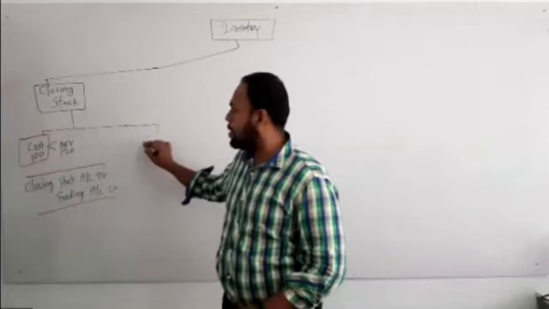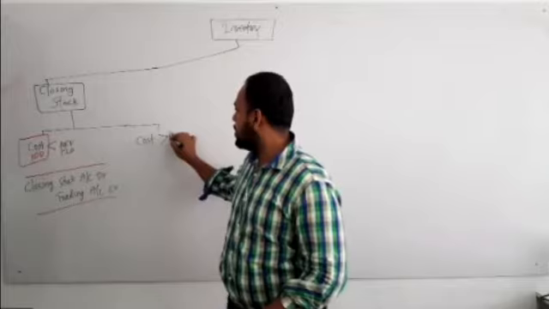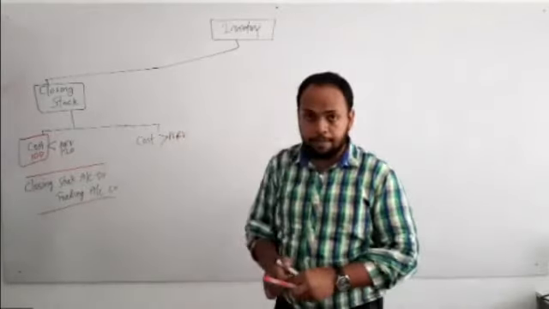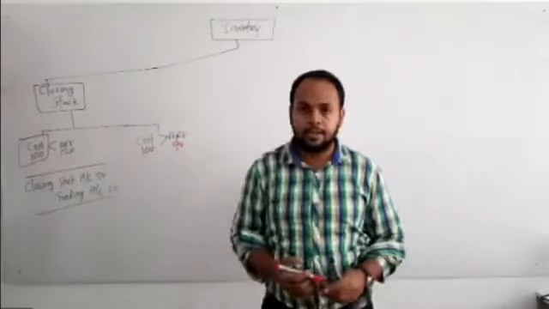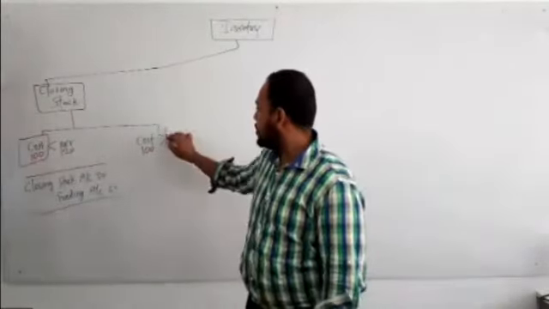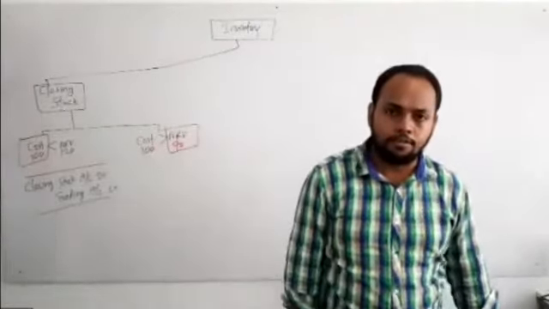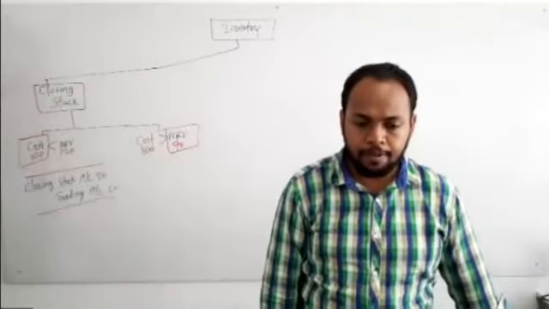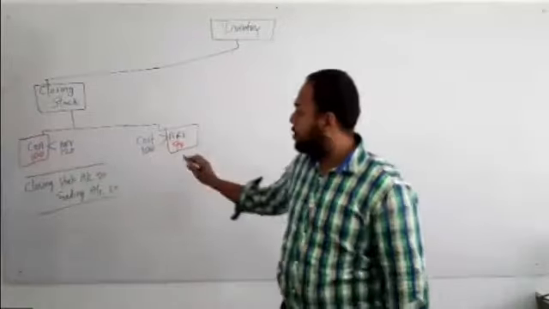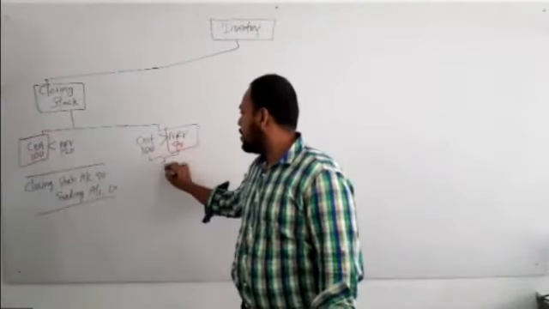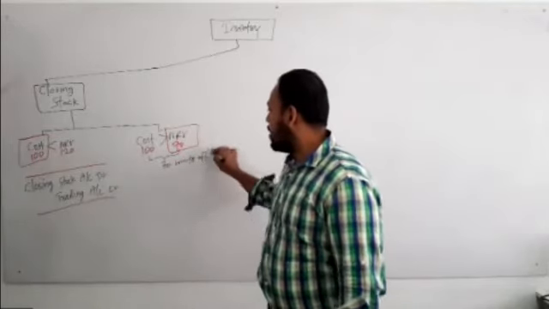Then the second situation is cost is greater than NRV. Cost is 100, NRV is 70. So at this situation, we have to take NRV as the value of the stock, value of the inventory. Right? So the double entry will be there. If the NRV is less, this 30 we have to write off.